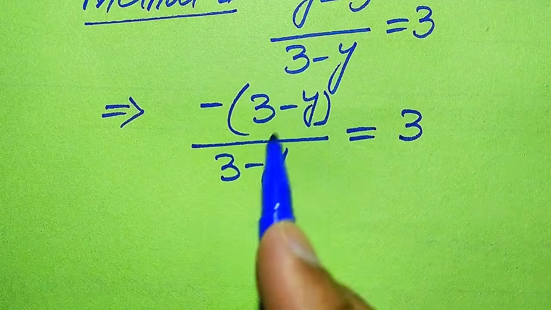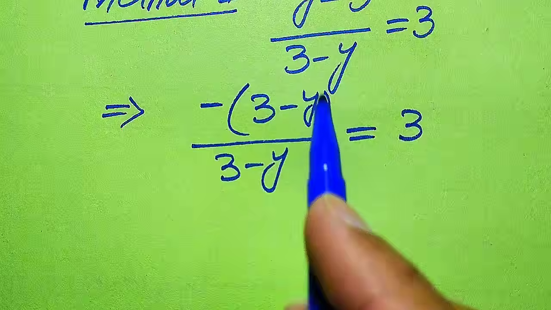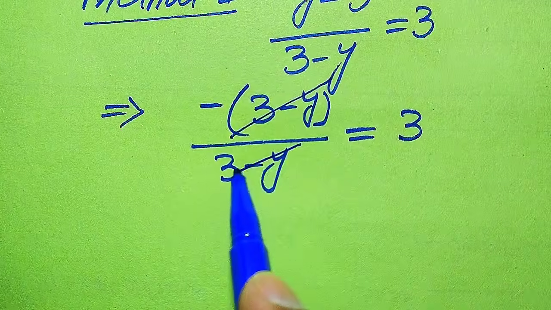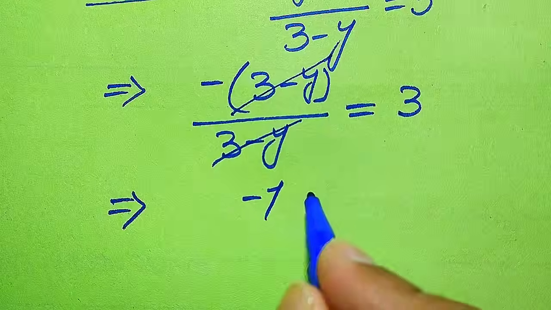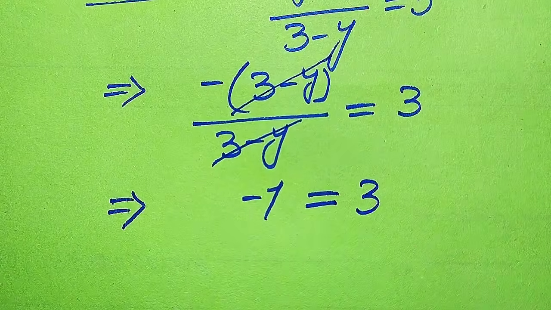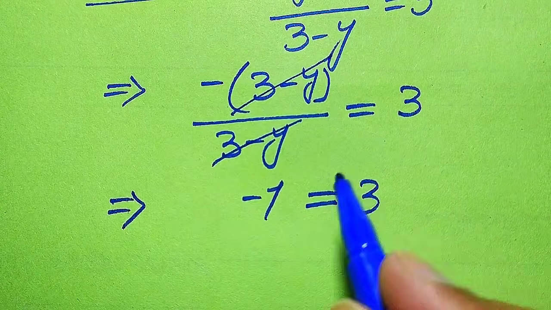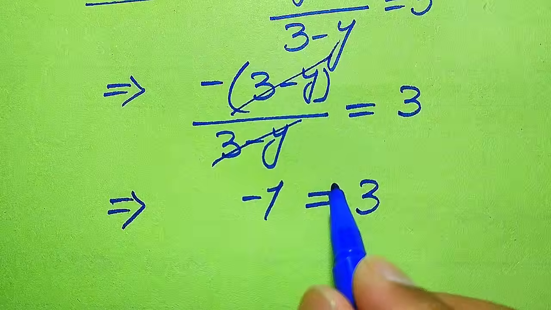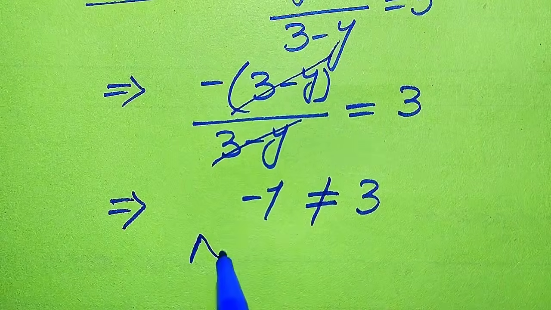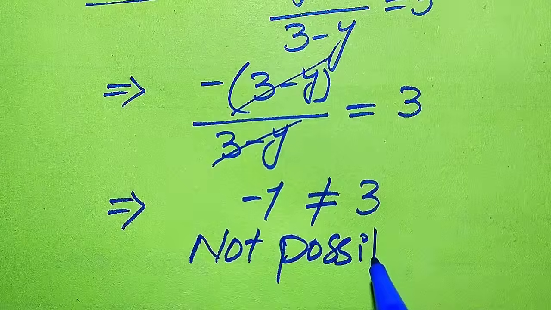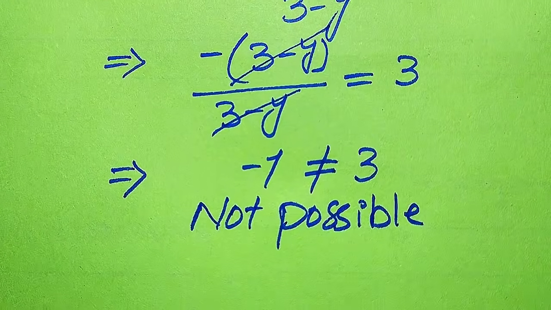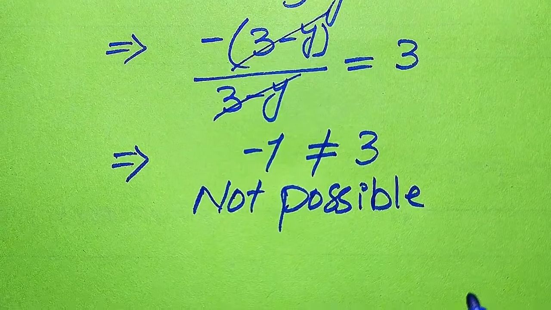Now you see these are two same factors, and they cancel out each other, and we get minus 1 is equal to 3. You clearly see that minus 1 is not equal to 3; in other words, it is not possible that minus 1 is equal to 3.